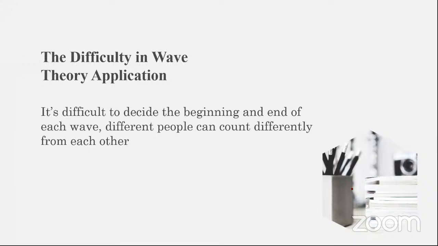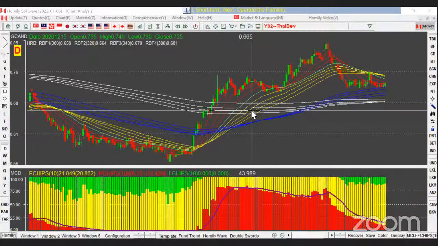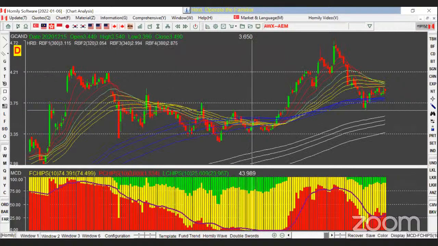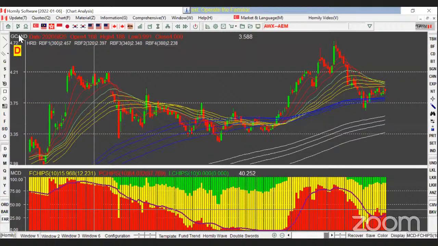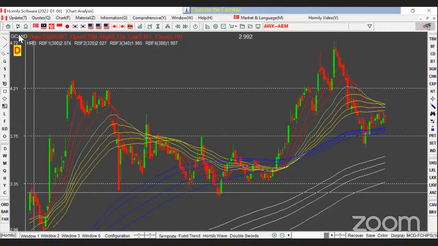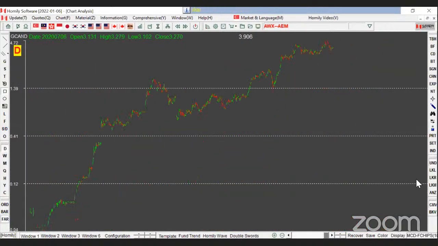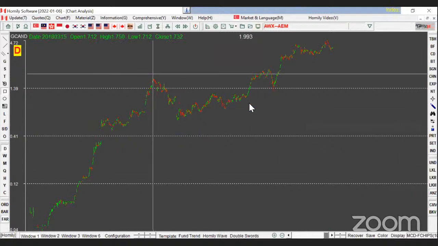So for example, let me show you one case. If I switch to the Homely software, I show you one chart, AEM. Okay, so this is AEM. So how do we count the waves for AEM?